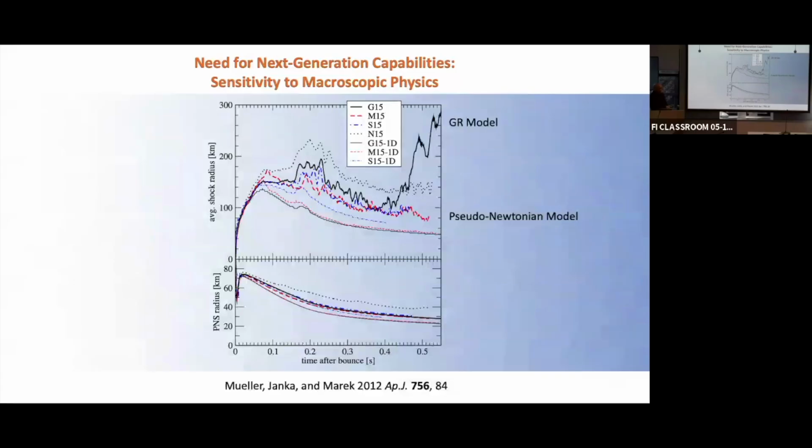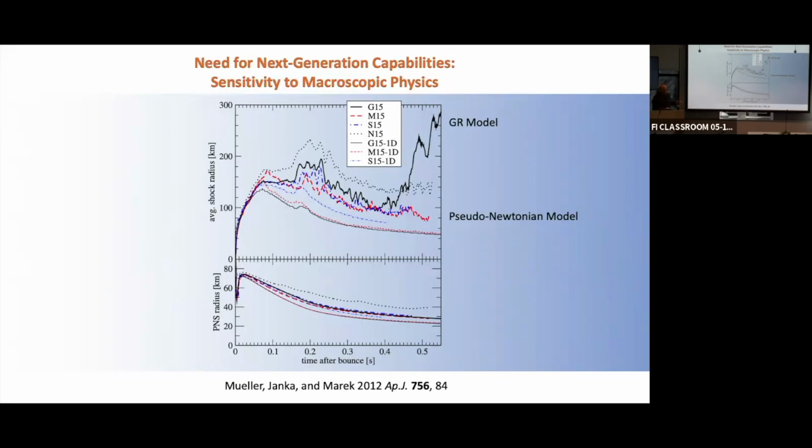So just to show you the sensitivity, this is an example that was conducted by Bernhard Mueller in the context of a two-dimensional simulation published in 2012, where he ran a fully general relativistic model like we had in 1D. I showed you that comparison. He ran a fully general relativistic model and compared against what we call a pseudo-Newtonian model, which is what I just described to you, where you have a correction to Newtonian gravity, you have Newtonian hydro, you have corrections for redshift and blueshift.